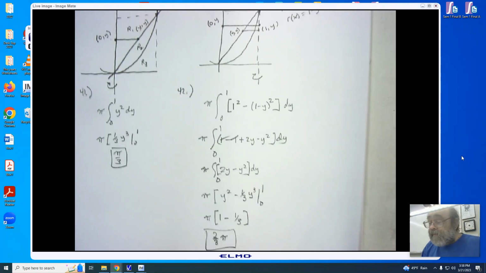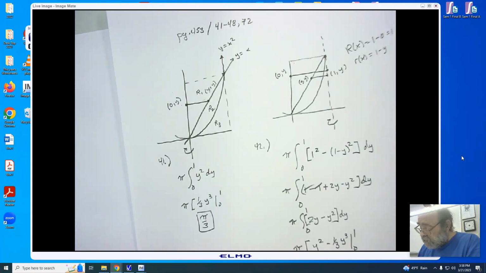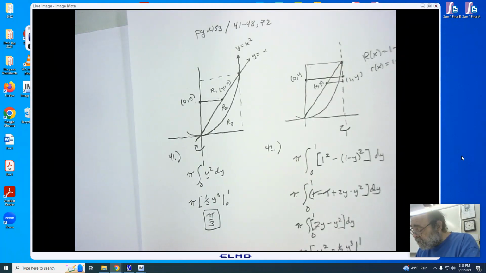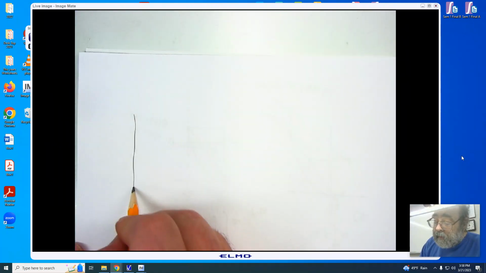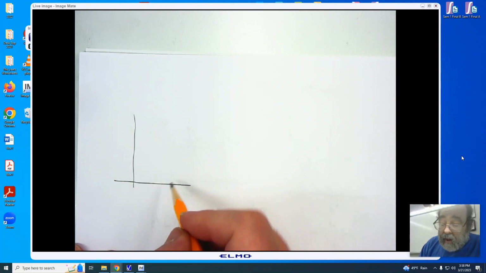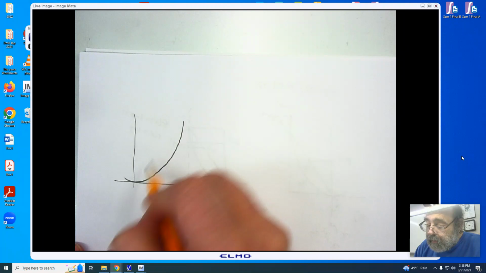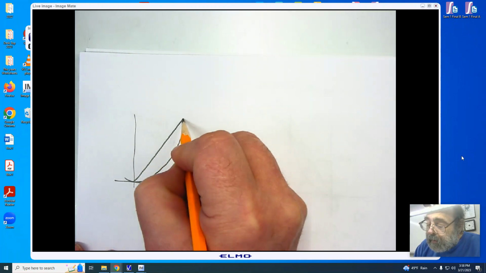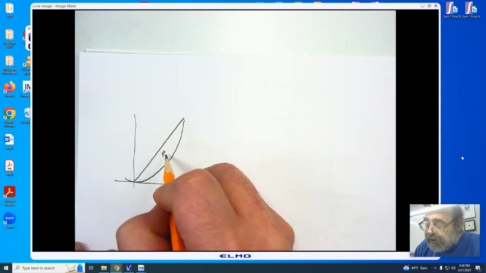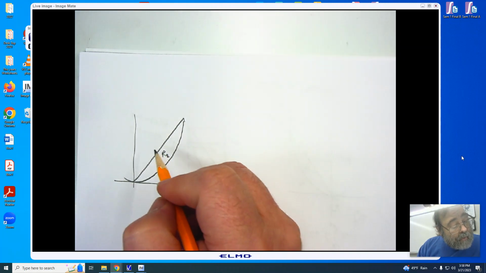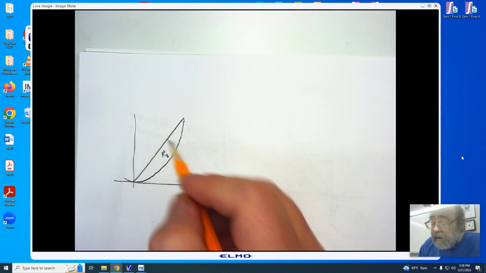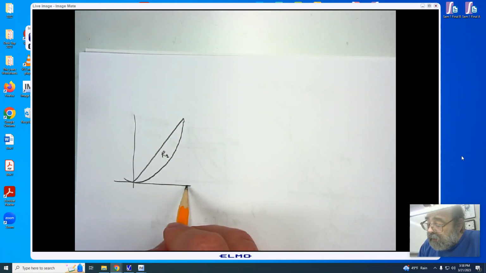This brings me to number 43. Just as I did before, I'm going to make sure that I rewrite my picture. This time we're looking at region 2. It's this region right here. And we are rotating region 2 around y equals 0.